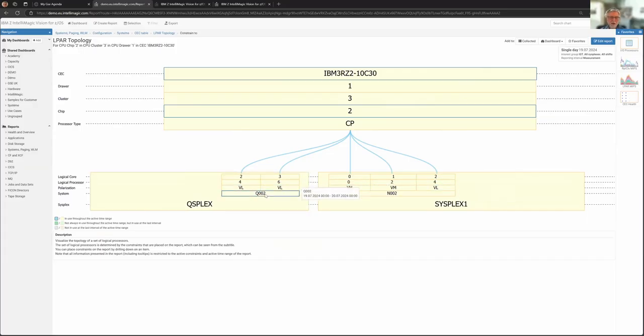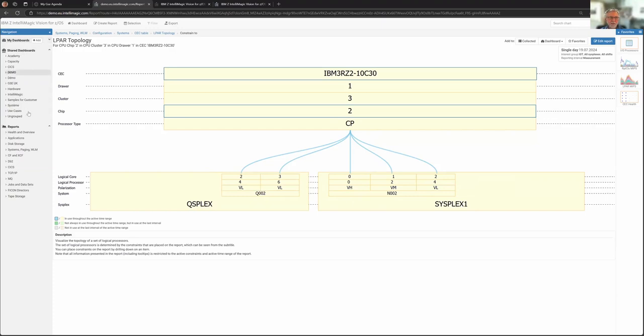This Q002 LPAR is the one that's suffering, and I'm only looking at the vertical lows processors here. And they're in this chip on this cluster. This LPAR is sharing that chip with this LPAR here, N002, which we haven't seen before, which has vertical highs, mediums, and lows. So this LPAR here is getting preferred treatment, if I can use that term, for the cache on that particular chip.